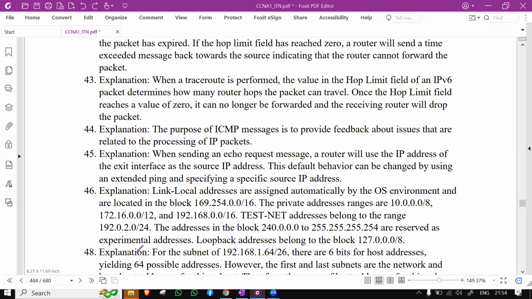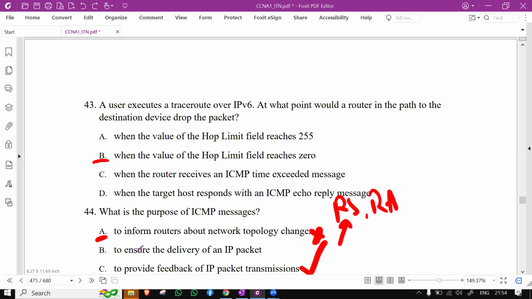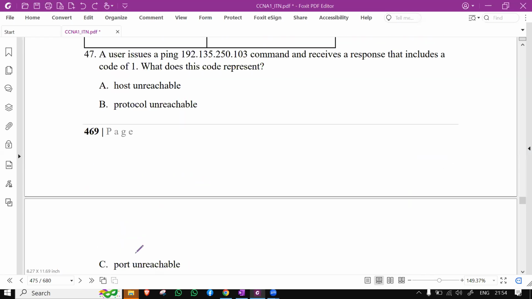This default behavior can be changed by using an extended ping and specifying the source IP address. Exit interface is used as a source. The outbound interface here. Okay. Makes sense.